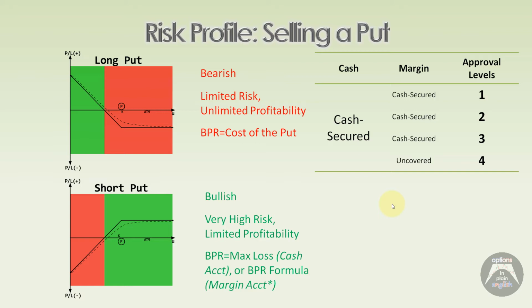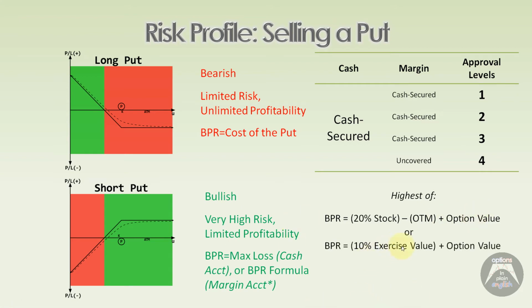So again, margin account, highest level, the BPR would be the highest of: 20% of the stock minus the amount that it is out of the money, plus the value of the option, or 10% of the exercise value plus the value of the option, or $50 per contract plus the value of the option.